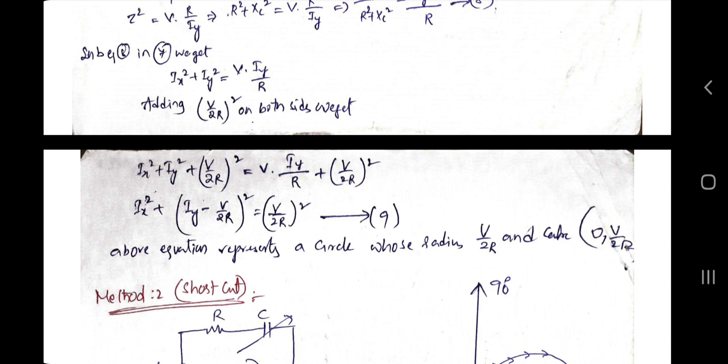The above equation gives a circle whose radius is V by 2R and whose center point is 0 comma V by 2R.